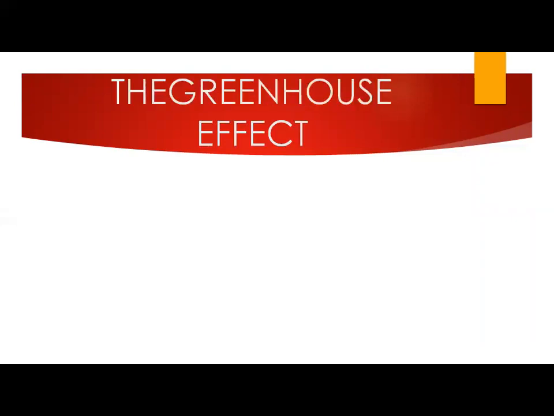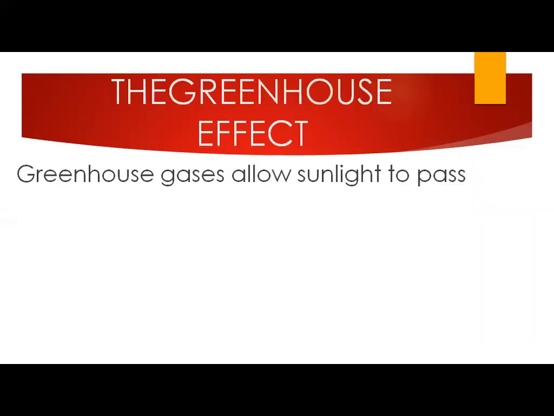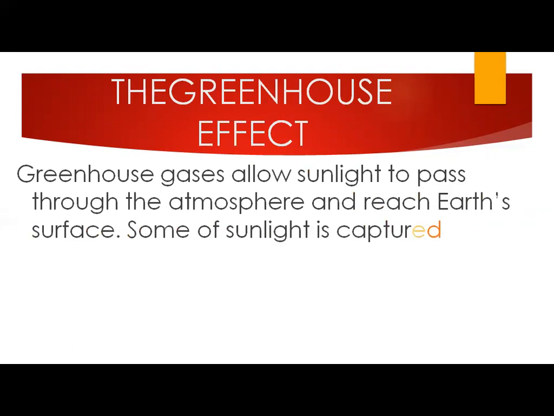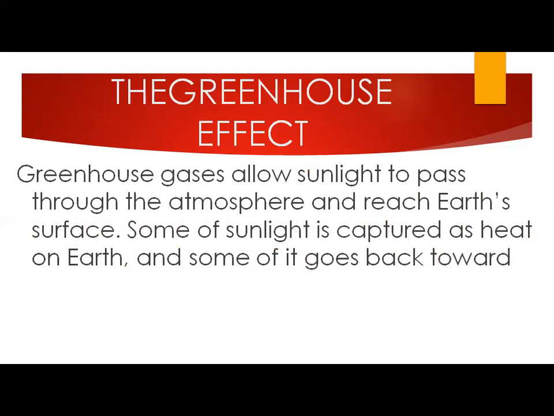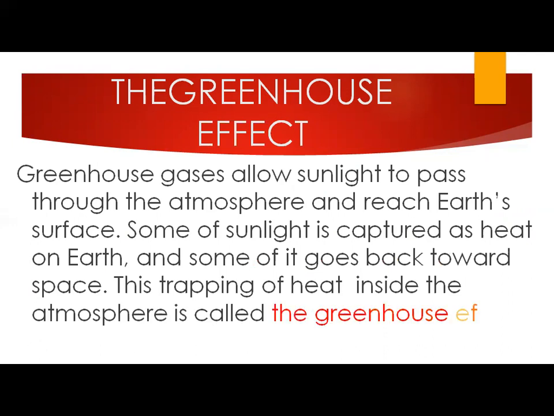First, I will explain what the greenhouse effect is. Greenhouse gases allow sunlight to pass through the atmosphere and reach Earth's surface. Some of the sunlight is captured as heat on Earth and some of it goes back towards space.